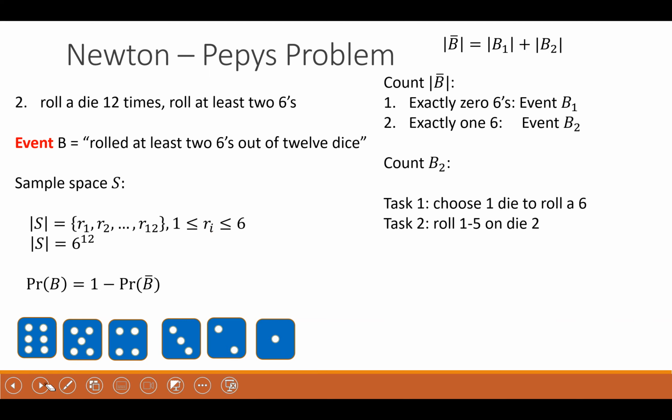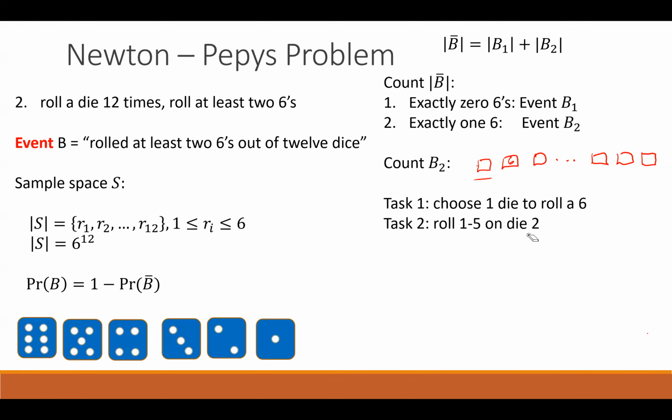And then task number 2. I choose one of the 12 dice. Let's draw a few of them. So a 6 comes up here. That was my first task. And then I look at all the rest of my dice.